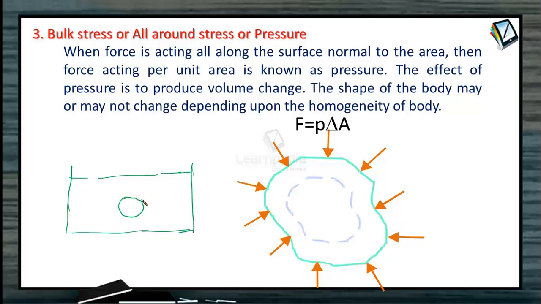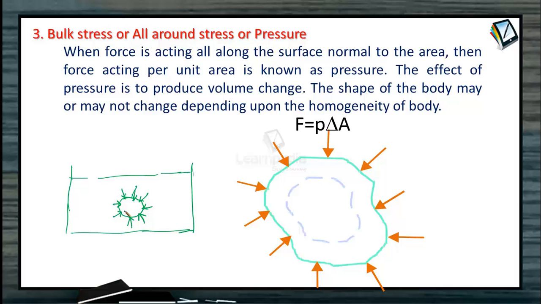As we know, in the case of water, the molecules will apply force on this object from all possible directions in 3D. If it is a spherical body, then forces are coming from all directions, and the force is applied on all the points of the surface of the body, normal to it. That is the situation. Here the force is basically applied over the volume.